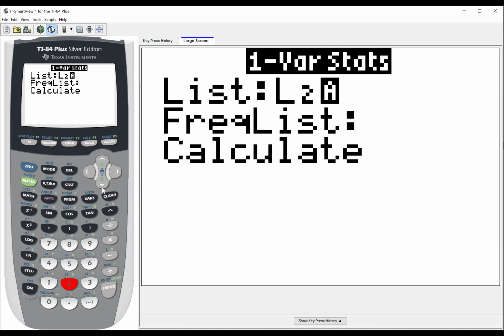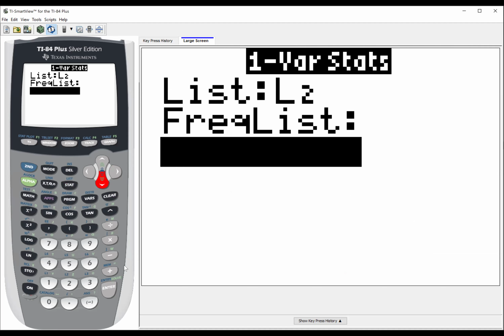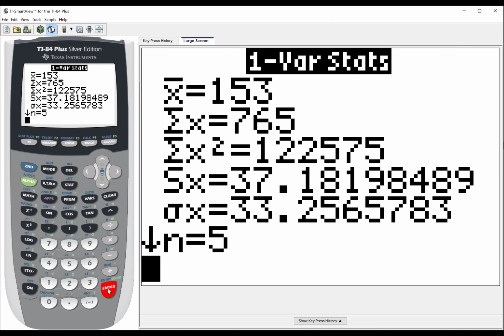Leave frequency list empty. And then we're going to calculate. And for this one, we want to calculate the sample standard deviation and the sample variance. So we're assuming that we're working with sample data. So remember, the calculator only gives us the standard deviation. It doesn't give us the variance, but we could calculate that.